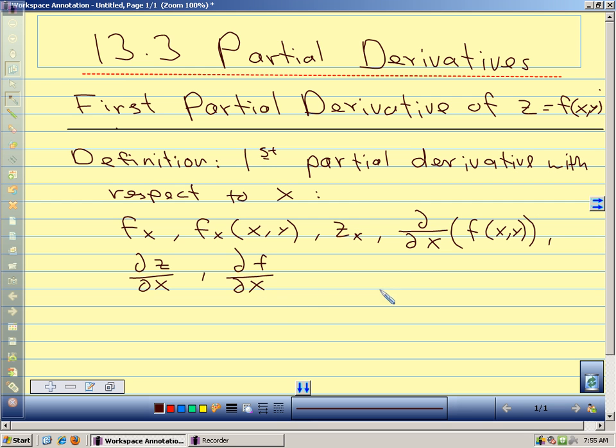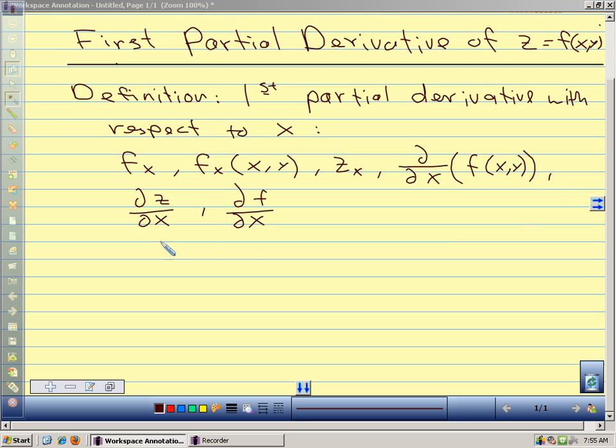These are all acceptable symbols for our first partial. It really depends on the context, but I think the sub x notation is a little more modern, a more current notation, where the curvy d is a little older notation. But you'll see them all.